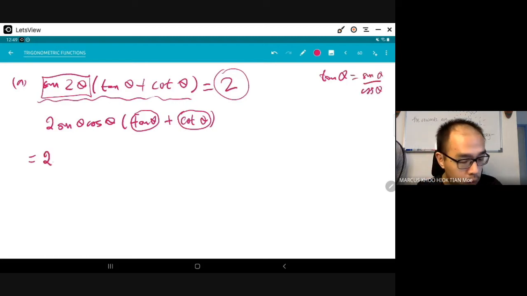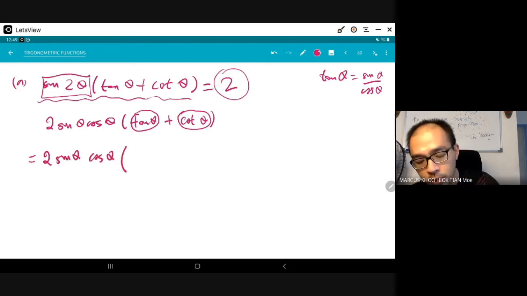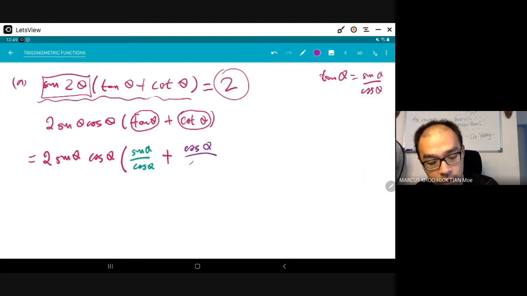So 2 sine theta cos theta, then you have sine theta over cos theta, sorry, then plus cos theta over sine theta.